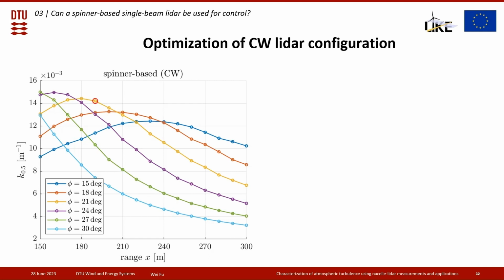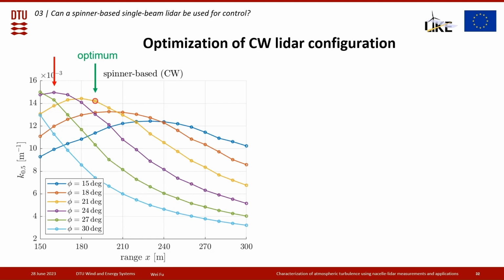We can see each curve at first increases and then decreases over the measurement range, and we can find an optimum value here. We selected the optimum value to be a 21-degree half-cone opening angle and a measurement range of 190 meters. This seems not to be the highest point of all the combinations.